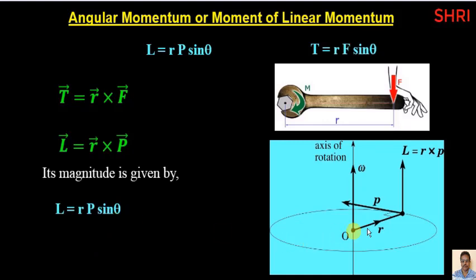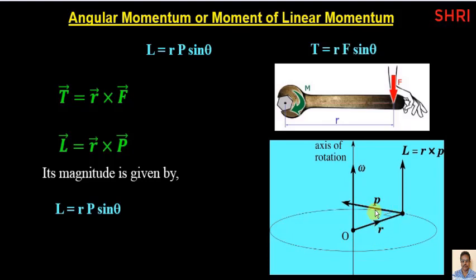r p sin theta. See this figure. This O is the center of rotation, this vertical line is the axis of rotation, and the particle is moving along the circumference of a circle with radius r. p is linear momentum, which is tangential to the circle. r is the radius.